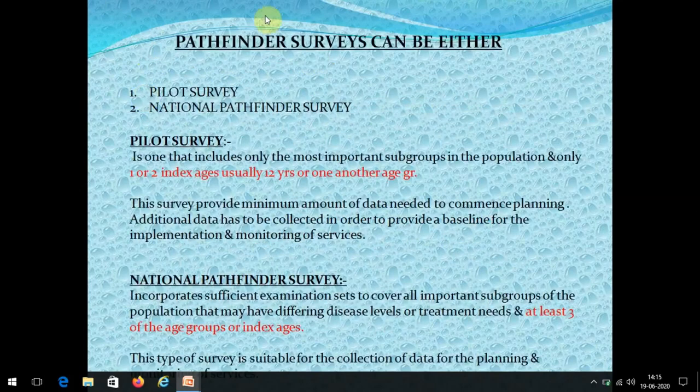We have two types of Pathfinder survey, that is pilot and national Pathfinder. Like any research, we do a pilot study before doing the actual study, just to know the feasibility or reliability of the examiners.